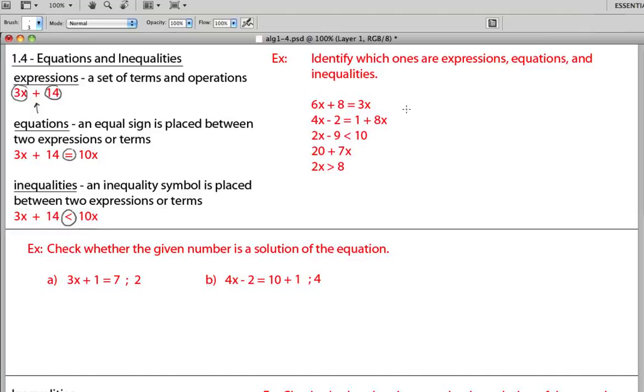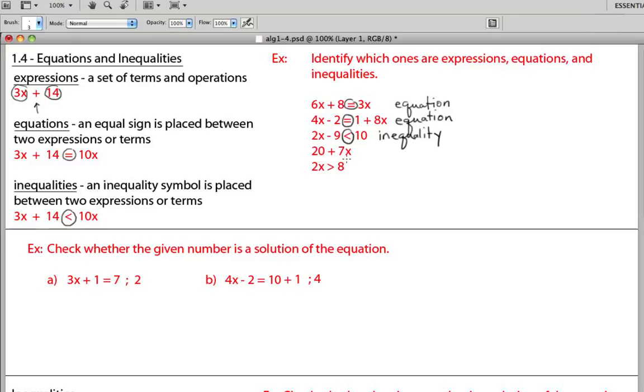The instructions say identify which ones are expressions, equations, and inequalities. So you can quickly tell that if they have an equal sign, it's an equation. I believe these first two are both equations. If there's an inequality symbol, it's an inequality.